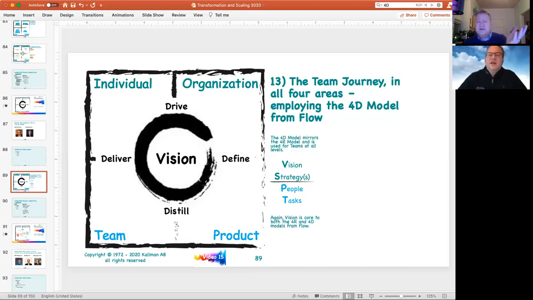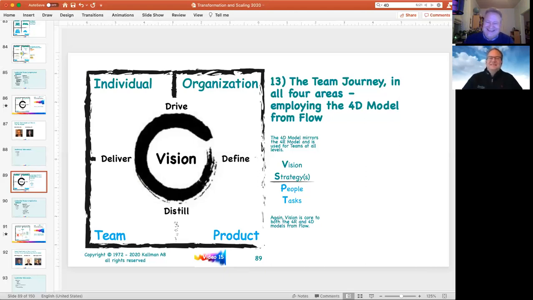Absolutely. Because the 4D model is a key part of the friction analysis, because if you don't have the right definitions, you get confusion. If you don't distill agreement, you get politics. If you don't deliver, you're going to have chaos. And if you don't drive, you end up with division. And stakeholders trying to come in and sideswipe your whole project.